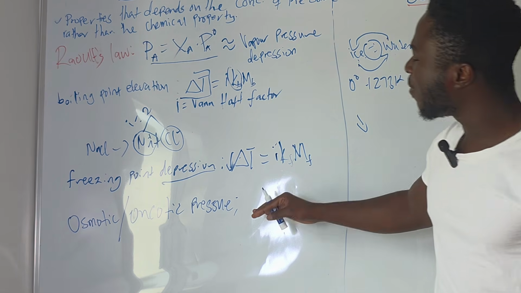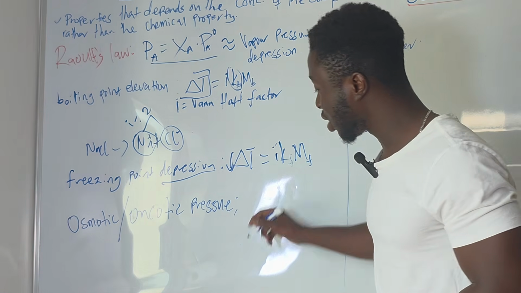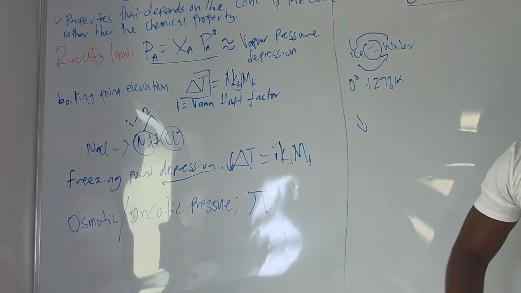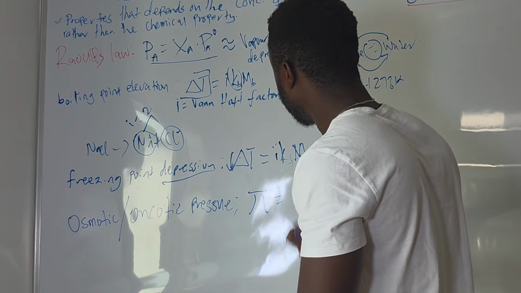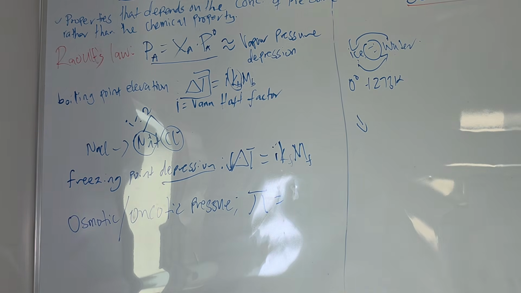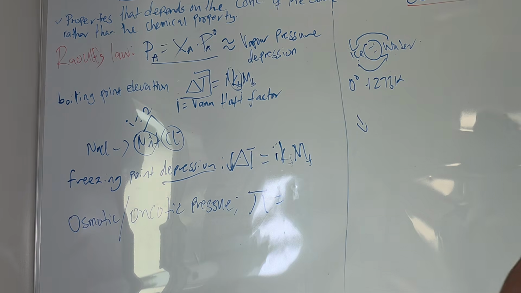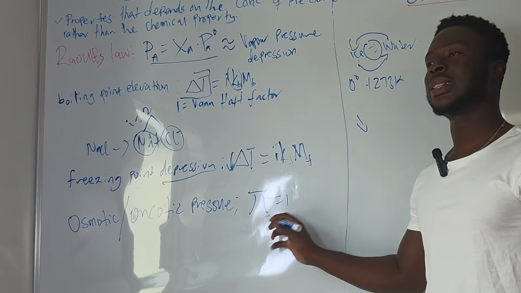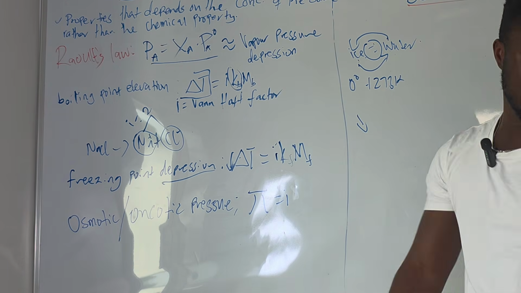Now, the formula for oncotic pressure, which is given by pi, is equal to, once again, i, which never changes. i is just the Van 't Hoff factor once again.